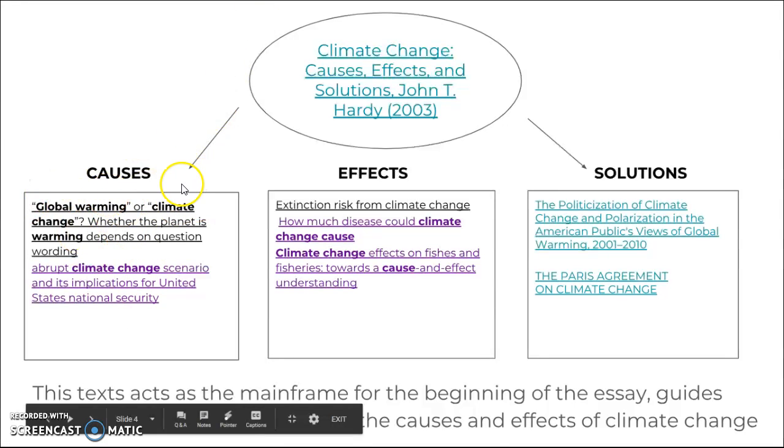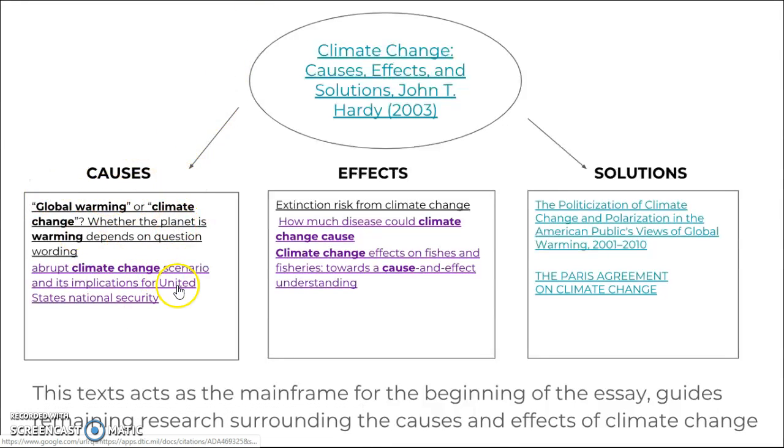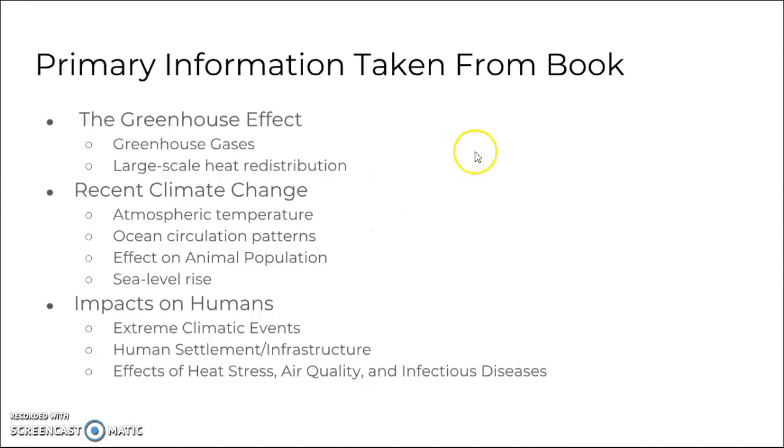I found more sources that explore more reasons, more sources that explore the effects, and more sources that explore the solutions. These are all updated sources that are published within the last 5 years, which is important for a scientific text. The primary information I am going to take from this book is the definitions and recent climate change data. It's all put into one place in a very easily accessible document.